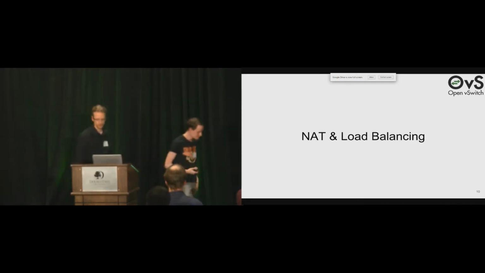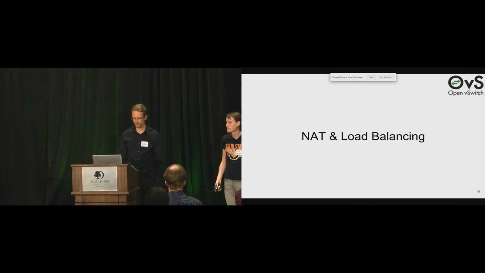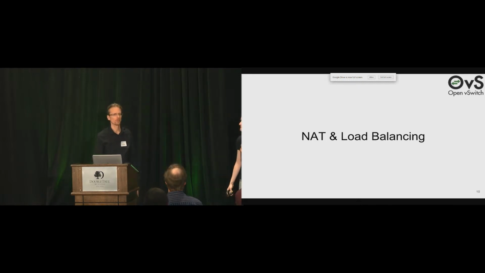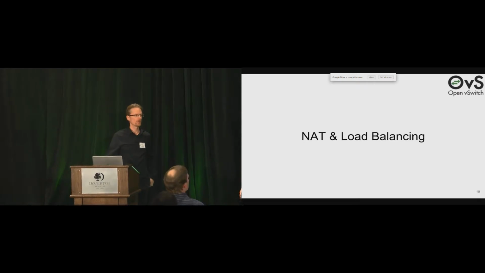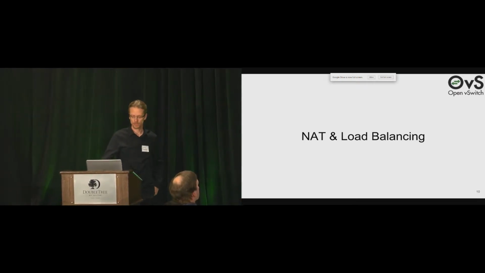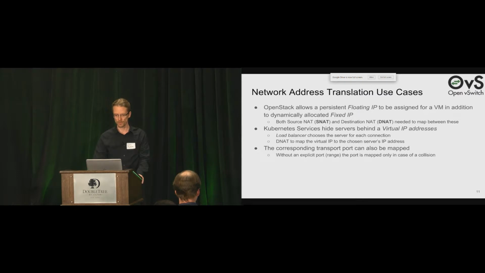Okay, so for the last couple of weeks and now months, I've been working with the NAT feature, which is another part of the Linux kernel conntrack, which we haven't integrated with before. So let's motivate this from some of the use cases we've been hearing about, using OpenStack and working with containers.